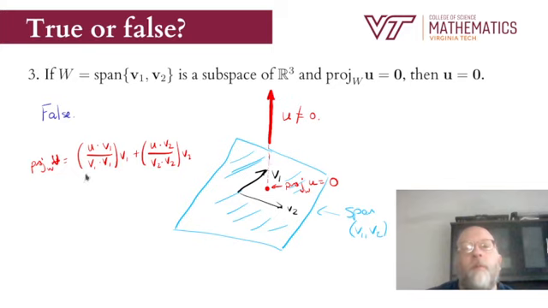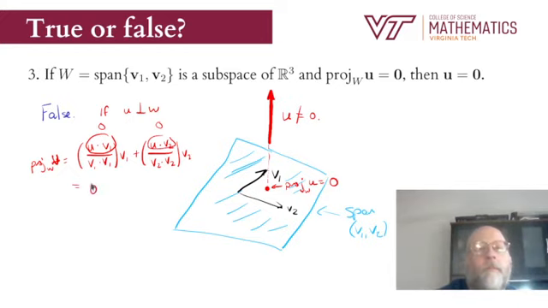If U is perpendicular to the plane, then this dot product will be 0, and this dot product will be 0. And so the projection will be the 0 vector. So all we need is for U to be perpendicular to the plane. We don't need U to be the 0 vector.